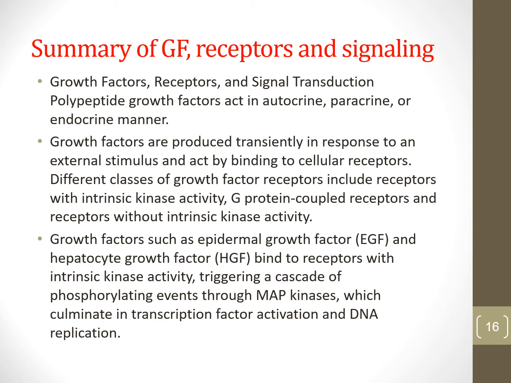Growth factors such as epidermal growth factor and hepatocyte growth factor usually bind to receptors with intrinsic tyrosine kinase activity, triggering a cascade of phosphorylation events through the MAP kinases, which culminate in transcription factor activation and DNA replication, which will induce cell proliferation.